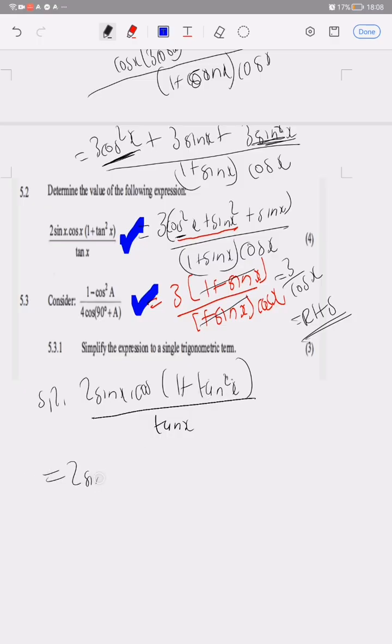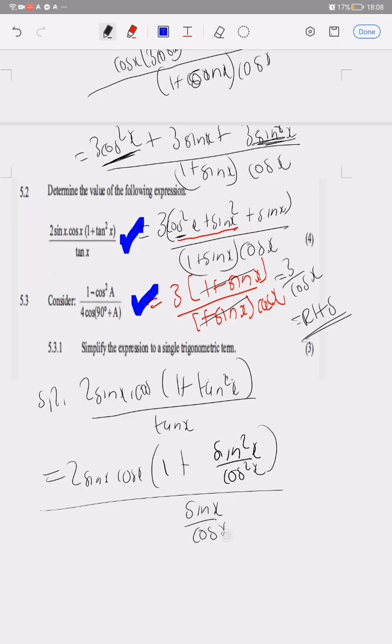So this will be 2 sine x cos x 1 plus sine squared x over cos squared x, everything over sine x over cos x, right? So this becomes 2 sine x cos x is equals to, what do we have here? Just focus on it as a fraction, so it's going to be 1 plus sine squared x over cos squared x.